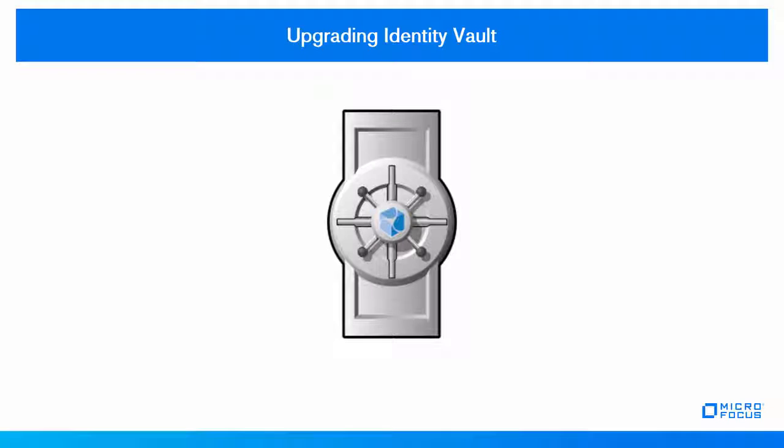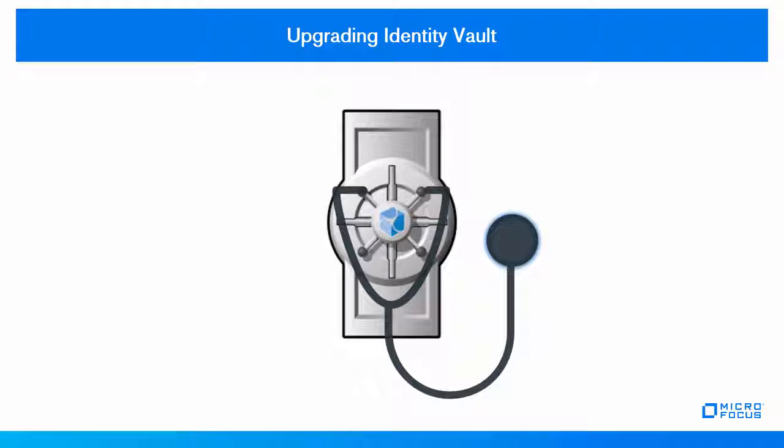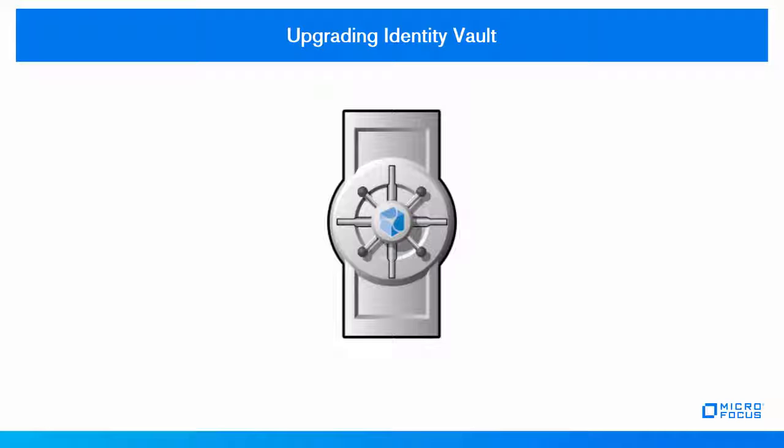Upgrading Identity Vault. The Identity Vault upgrade process performs a server health check before the upgrade starts. If you encounter a critical error during the health check, you must resolve the error before proceeding with the upgrade.